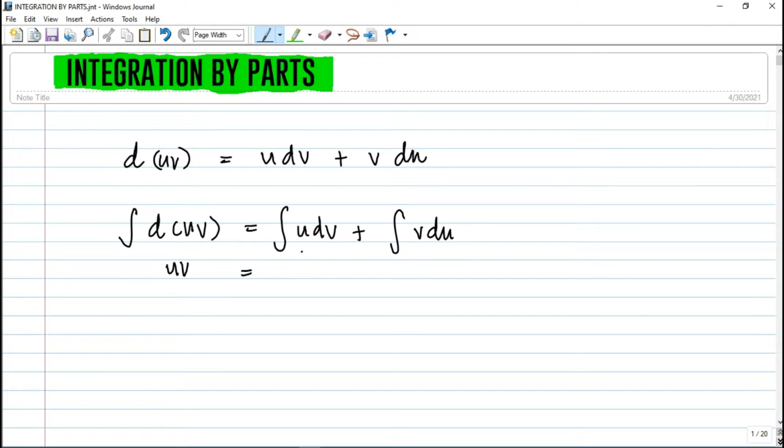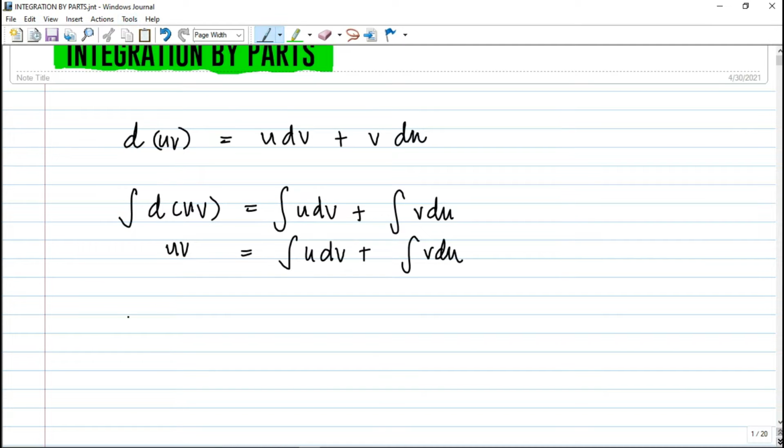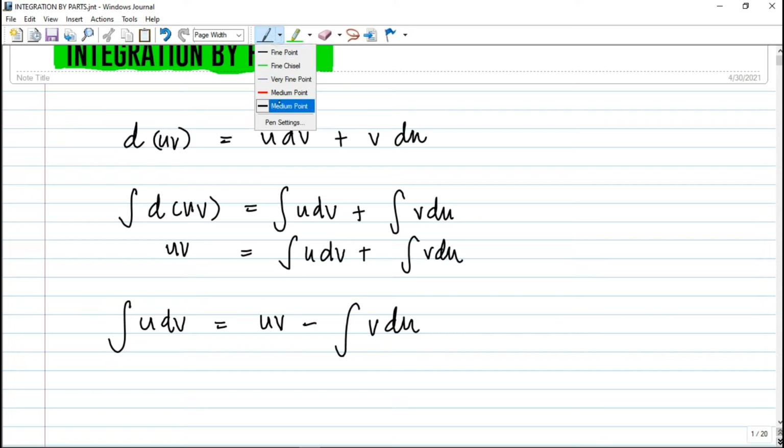We just copy the integral of u dv plus the integral of v du. Let's simplify this. The integral of u dv equals uv, then transpose natin sa other side yung isang integral, so this is minus the integral of v du. So this is the formula for integration by parts.